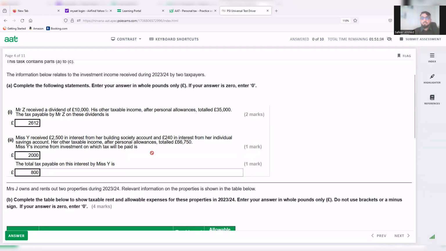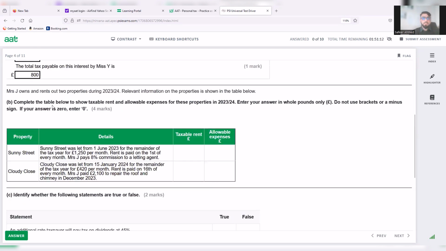So they give you 2 marks, one for calculating the income from investment on which tax is based, and the second for the tax payable on that income. So it's 4 marks altogether for this part A. I hope that makes sense. Let's move on to the next one.